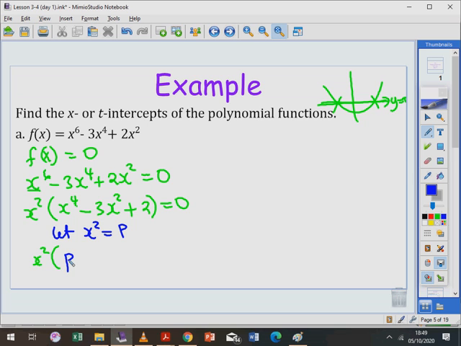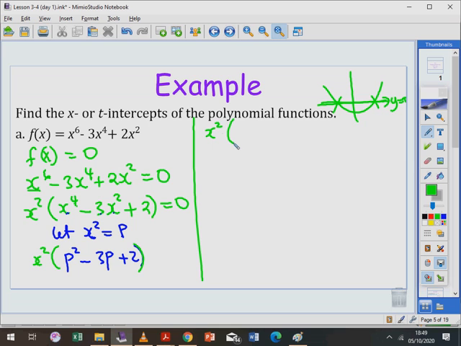In the place of x squared, this is going to be p squared, because it is x to the power 4. This is 3x squared, so it will just be 3p, and then plus a 2. The advantage of doing that is that it gives me an expression inside which I can easily factorize.